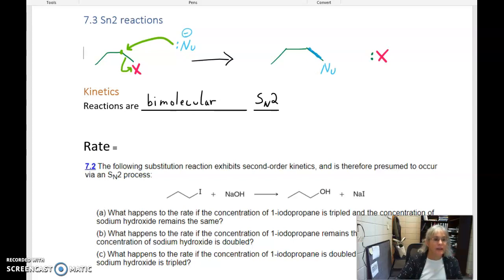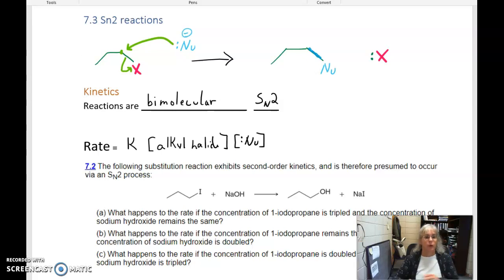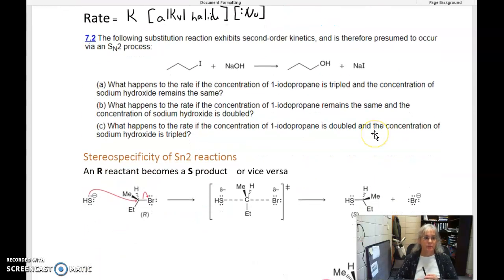Now the rate is going to be equal to the rate constant, the alkyl halide concentration, times the nucleophile concentration. So if we look at these problems, see if I can pull it up, there we go.